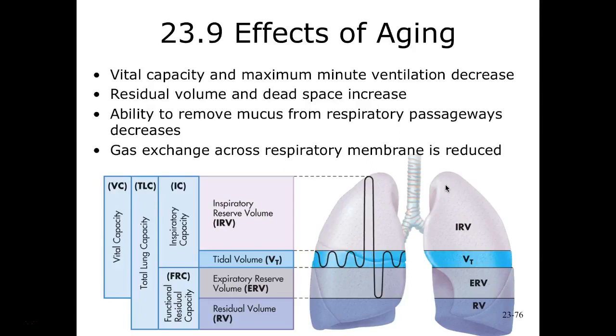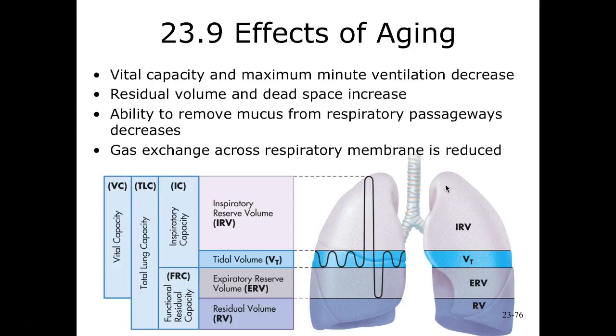Our maximum minute volume is going to decrease, and this is because, or as a result, we're going to decrease our ability to perform intense exercises. So typically, we recommend that our elderly population do more mild to moderate exercise intensities.